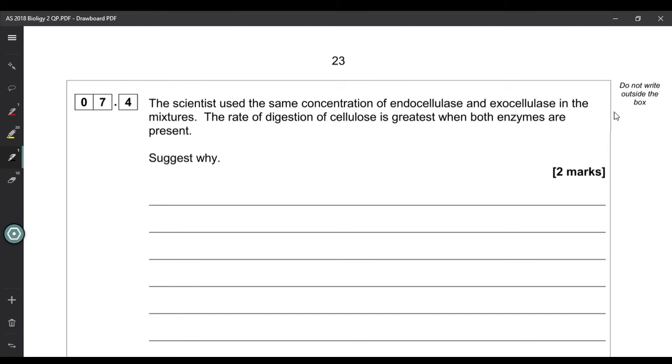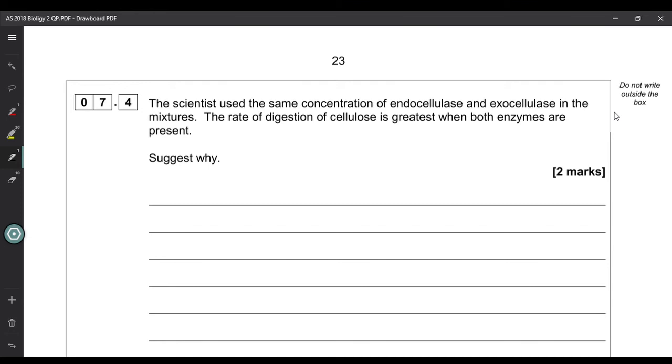ends. But if we have endocellulase present as well, then one piece of cellulose is cut in the middle, and that produces more ends for the extracellulase to act. So the endocellulase, because it's cutting it up into shorter strands, produces more sites for the extracellulase to act.